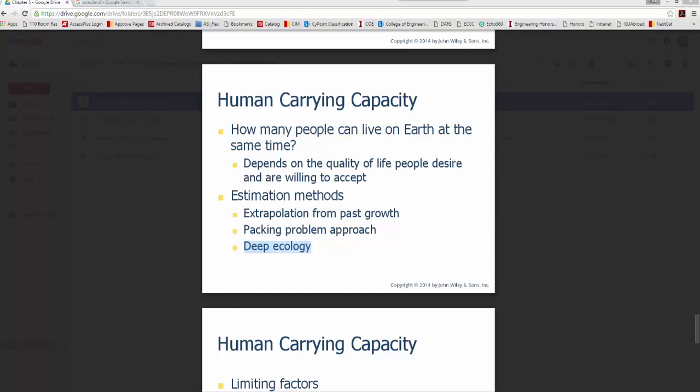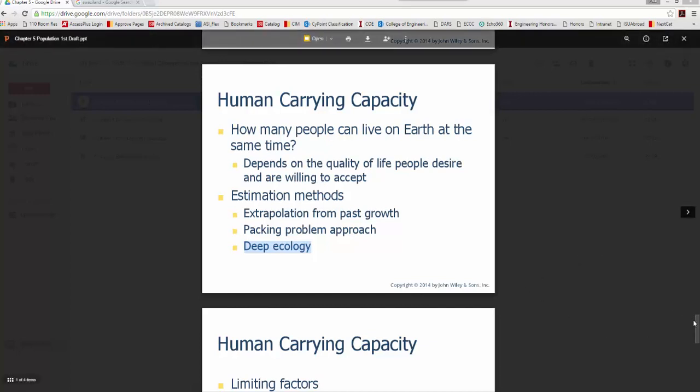Over in Asia, there has for a long time been an upper limit of children that a family can have. And so the idea behind deep ecology is to make a substantial decrease in the size of population based upon, in one way, decreasing the number of births. There's probably somewhere in between this packing problem approach and deep ecology, there's a solution in that area.